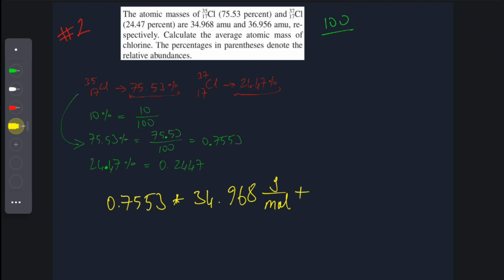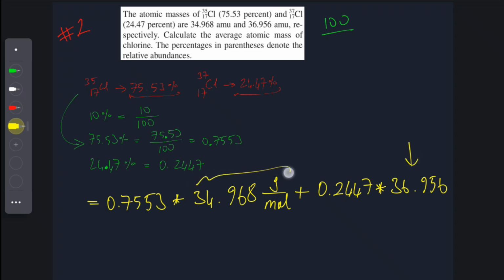And the other part, 0.2447 times 36.956 is the other isotope molar mass.